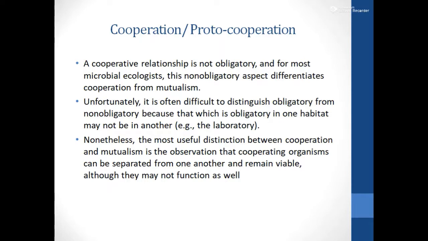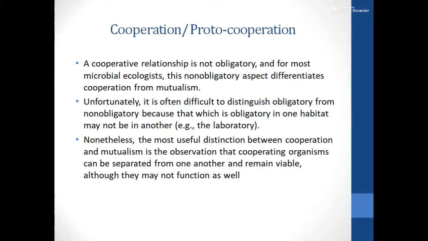In the case of mutualism, we know that the symbiotic relationship is an essential factor for both of the organisms. But in the case of cooperation, such a must factor or obligatory factor is not present when two organisms are associated.